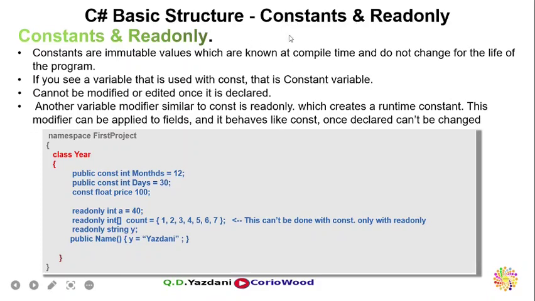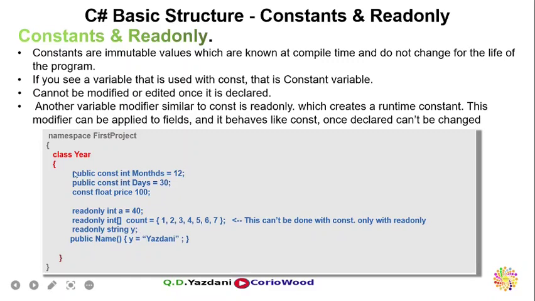But there is one exception with readonly: you can apply it inside methods. Here we have put a readonly inside this method, and here we have a readonly array of type int. This can be done with readonly, but not with the constant.